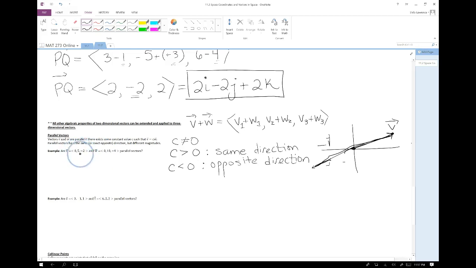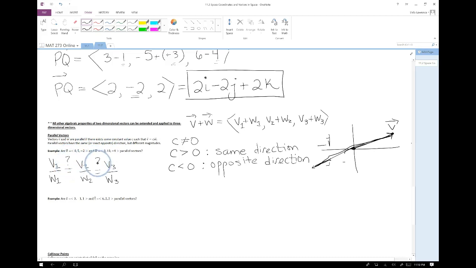A mathematical approach to this is to create a ratio between the components and check to see if all of these ratios are the same. That would indicate that there is one particular number that you can use to change one set of components into the other set of components, which would prove that they are parallel.